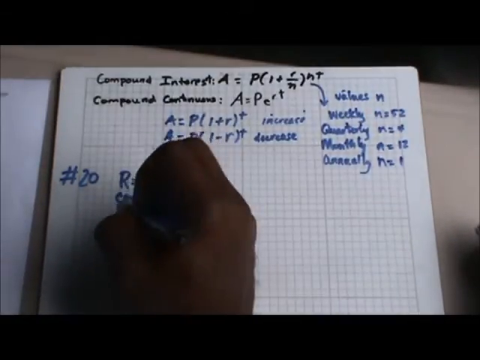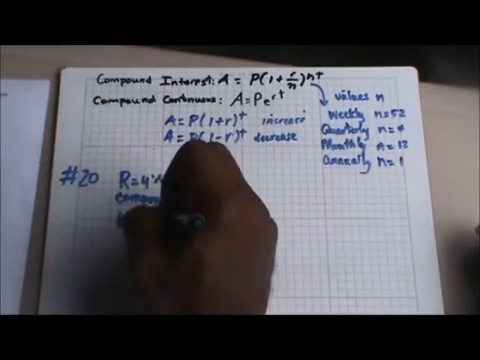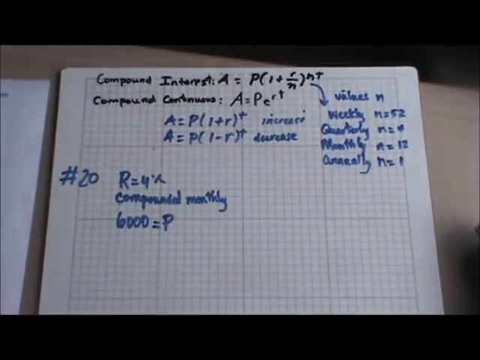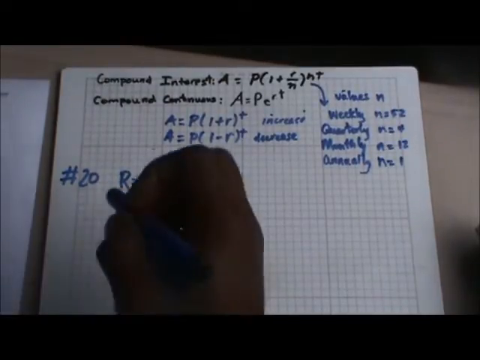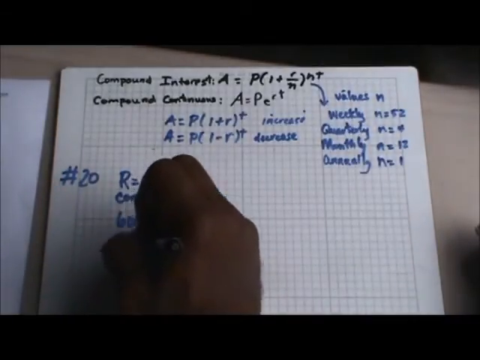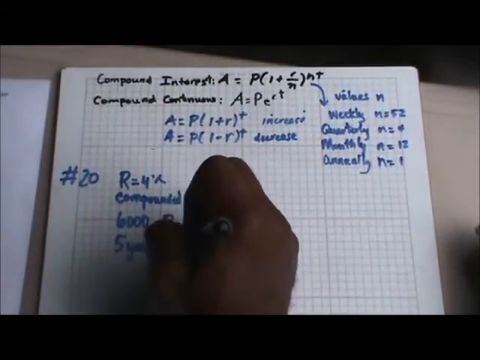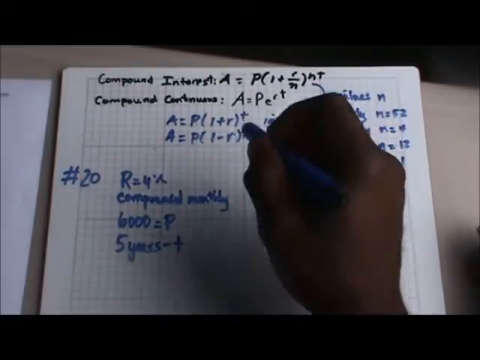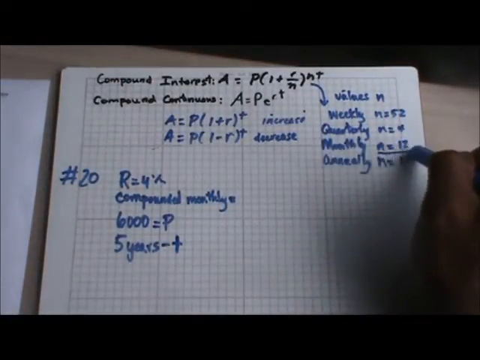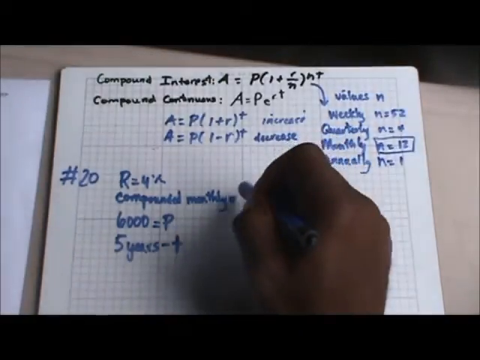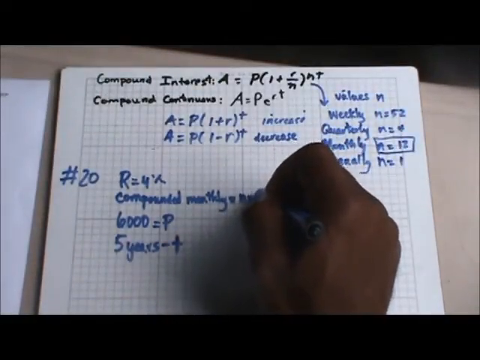You deposit $6,000 into an account. If you do not deposit or withdraw money from the account, how much money will be in the account after 5 years? There's your t. Compounded monthly lets us know that n, the number of months in a year, is 12.